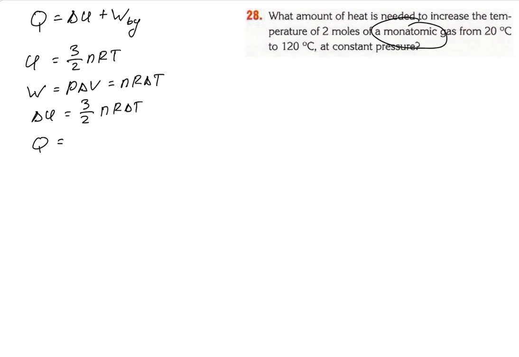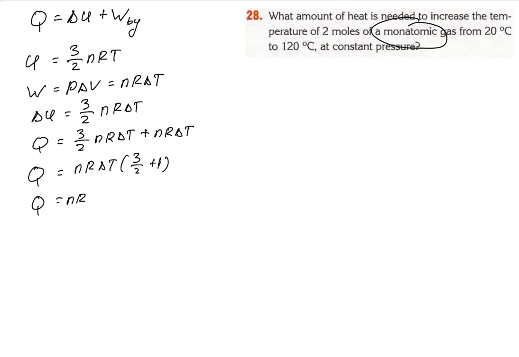It's going to be 3/2 nR delta T plus nR delta T. So Q is equal to nR delta T, and in the brackets 3/2 plus 1, so Q is equal to nR delta T times 5/2, and this is our final equation.